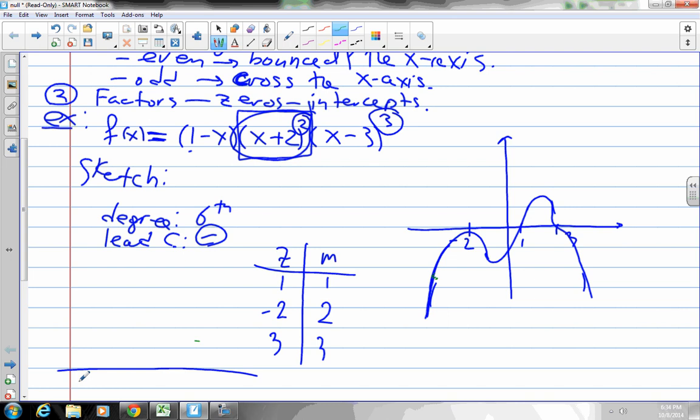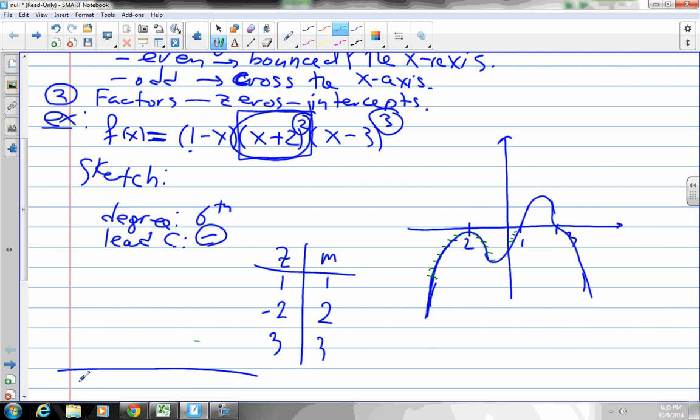Is it positive or negative? Negative. The y value is negative, so the function is negative, negative, negative, and then it's still negative. Yes, it's going up, but that's not what I'm asking. I'm asking what is the value of the function? Negative. How about here?